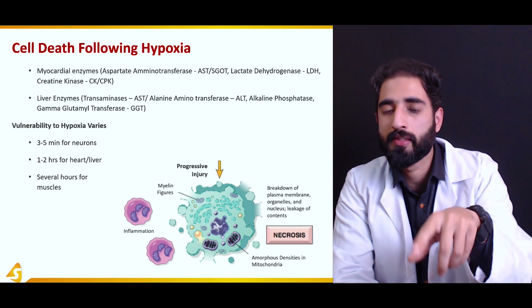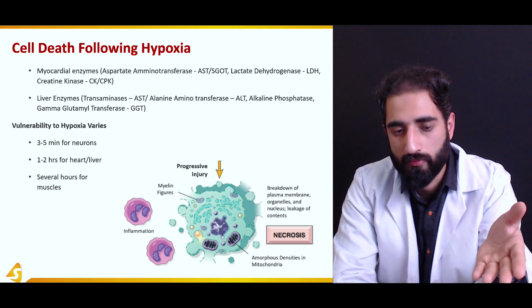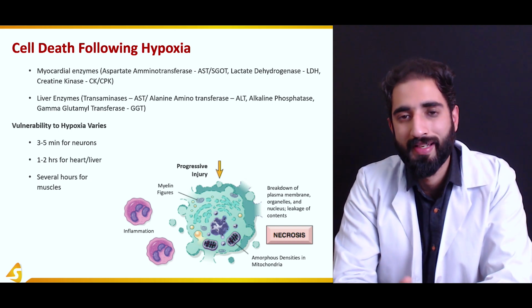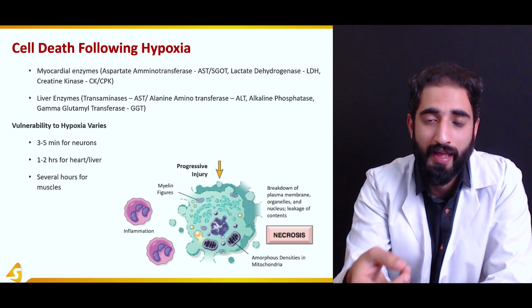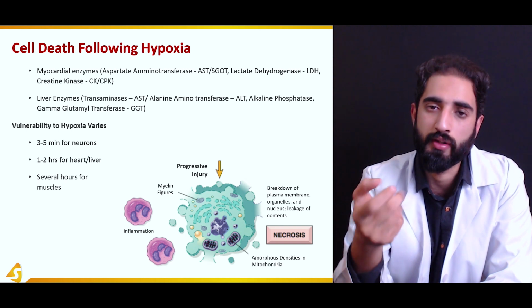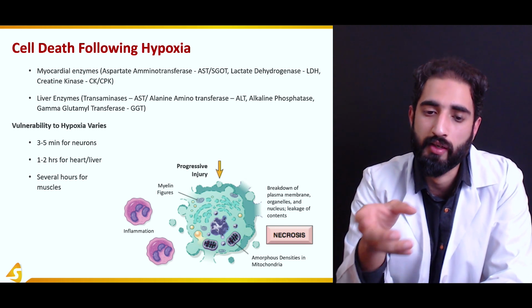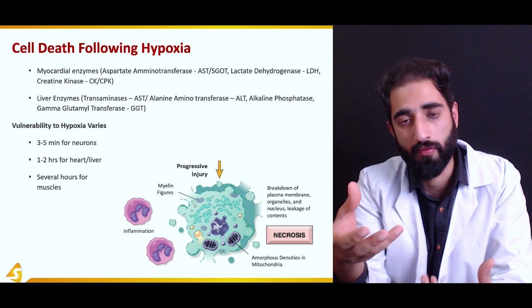For example, in pathology of the heart or of the liver, these enzymes, after the cell death, come outside, and then these enzymes can be used for the diagnosis or for the assessment if there is any myocardial damage or hepatic or liver damage.